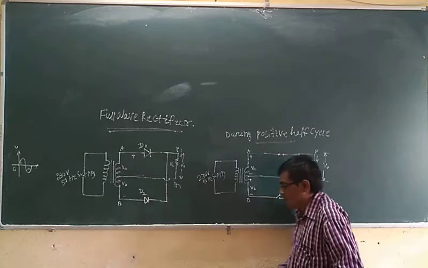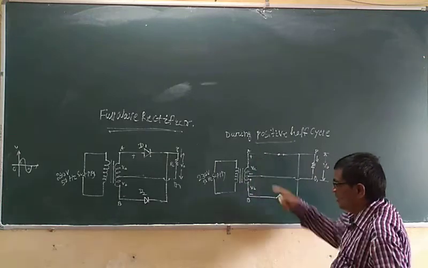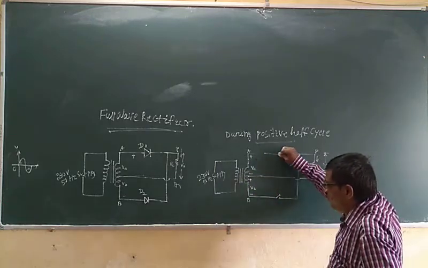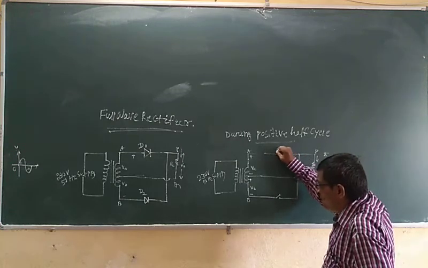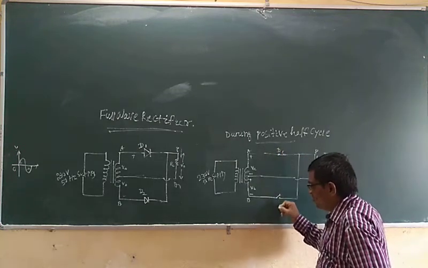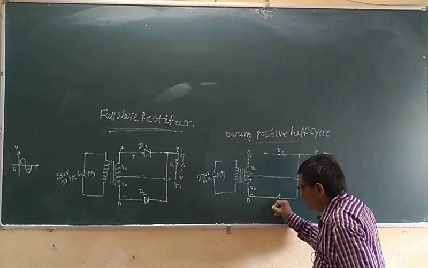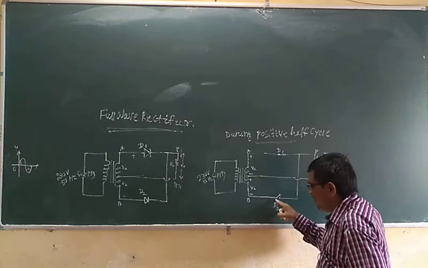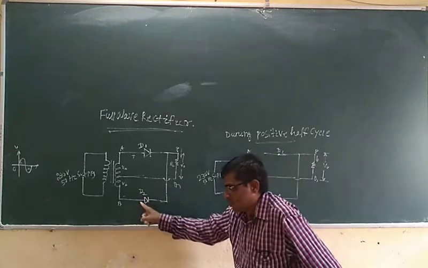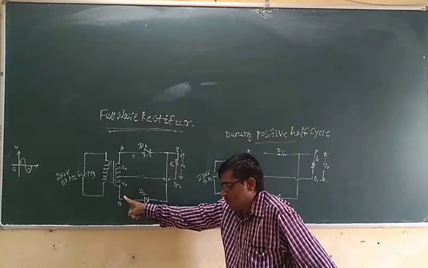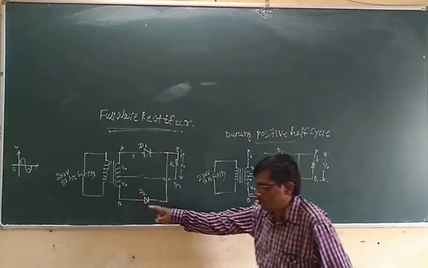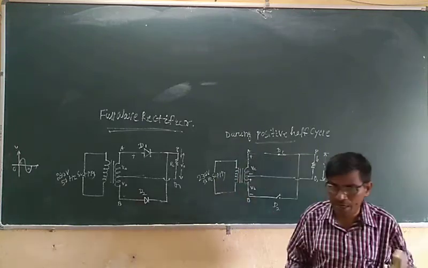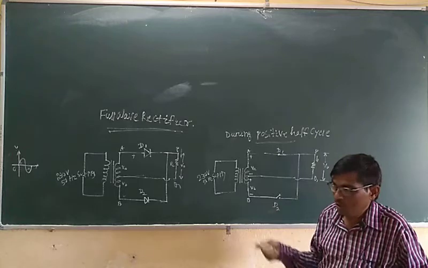So the diode D1 will be short circuited in forward bias, and the diode D2 will be an open circuit, because the negative is connected to the anode of diode D2. In reverse bias, the diode will be an open circuit.